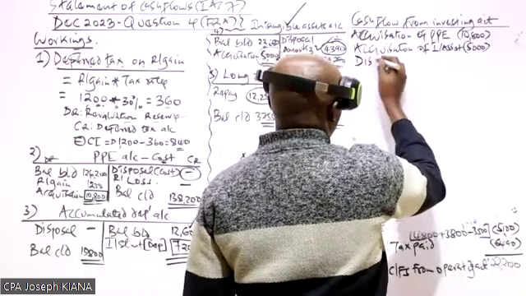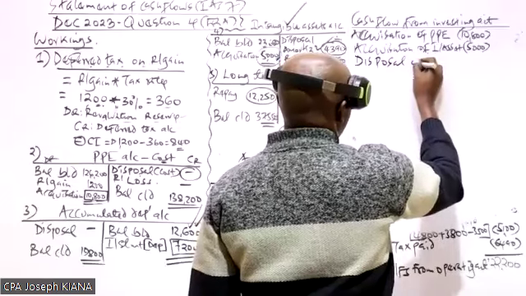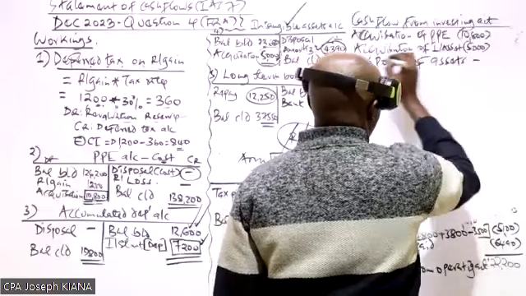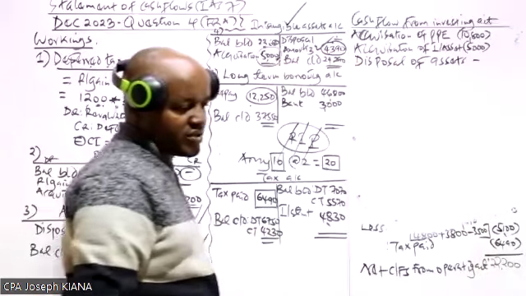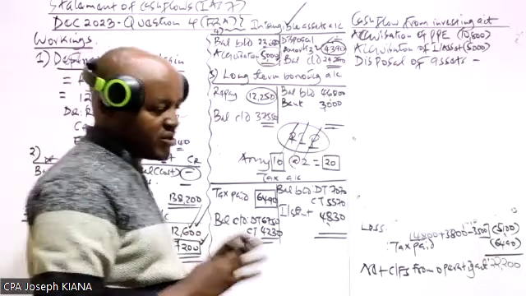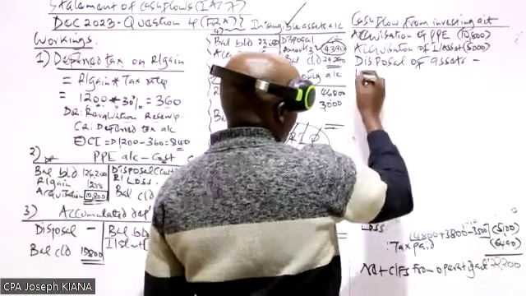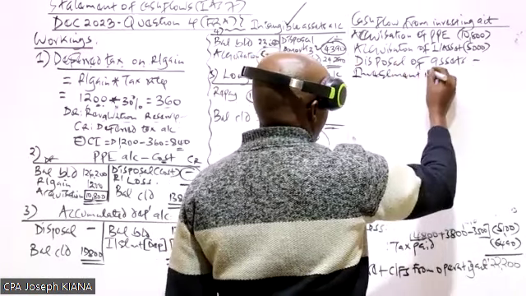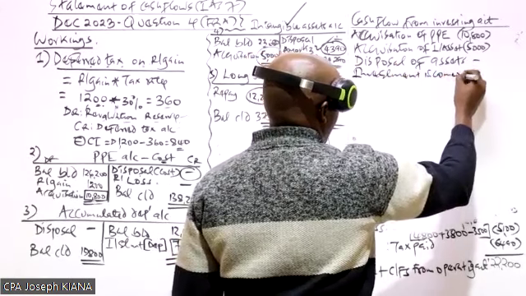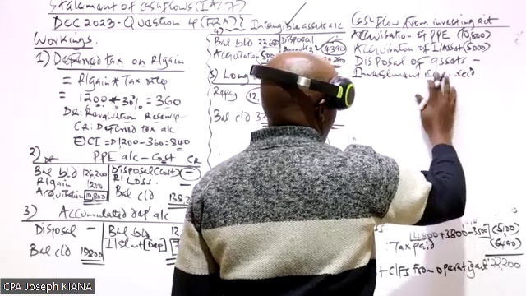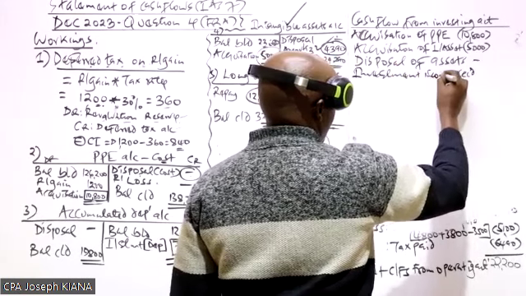The other item you consider here is disposal of assets. In this question, there was no asset which was disposed, or in other terms, sold. Another item you may consider is any investment income which was received.